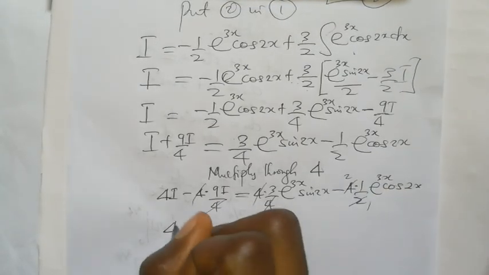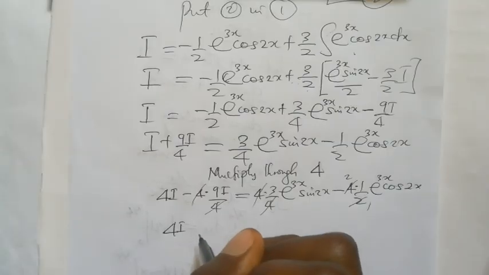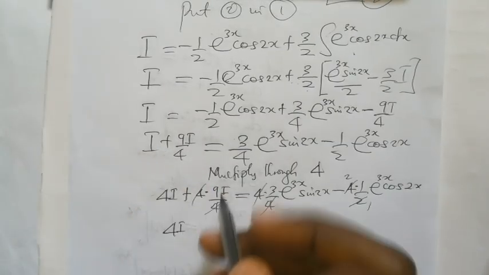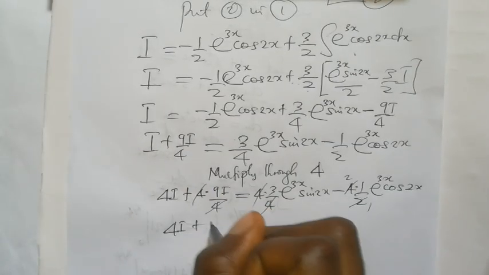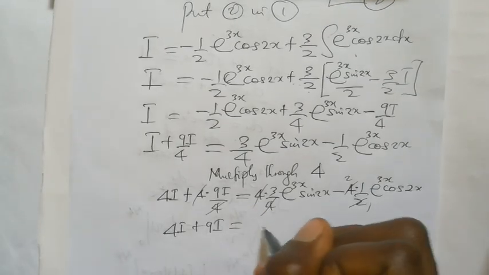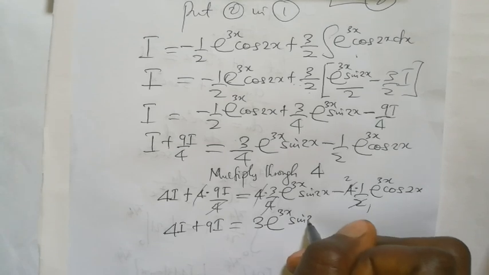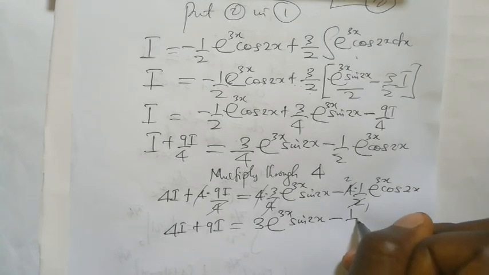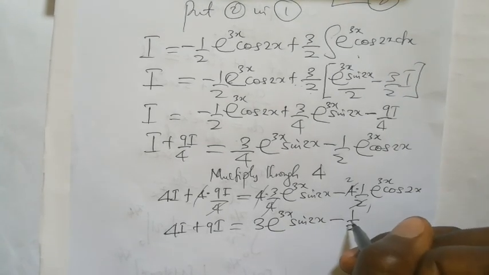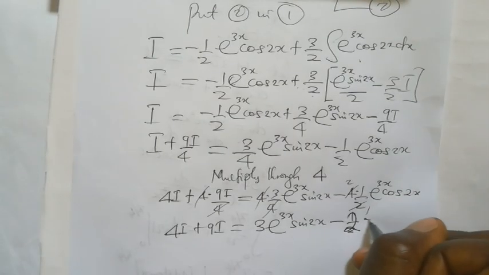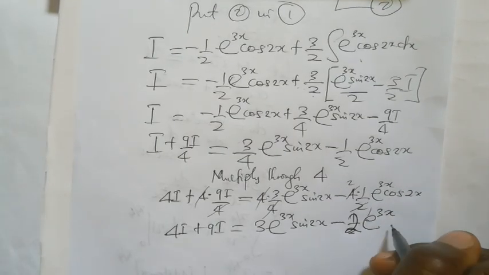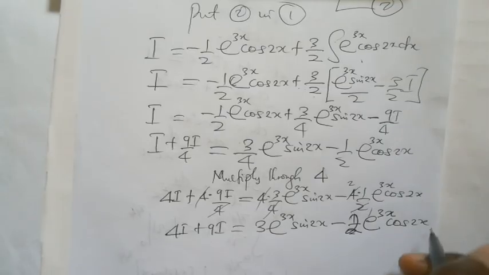So we now have 4I, okay, this is plus, I plus this, 4I plus 9I is 3e to the power of 3x sine 2x minus 2e to the power of 3x cos 2x.